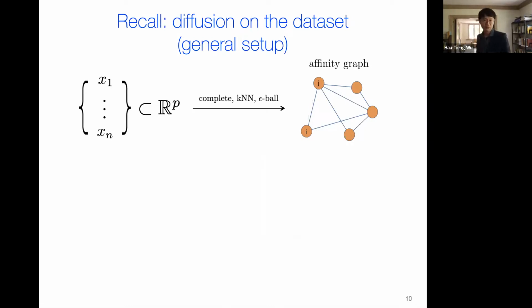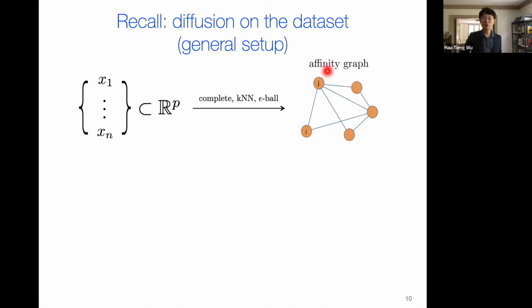So the diffusion on the database general setup is the following. You have point clouds, x1 up to xn, and you can construct a graph. How to construct a graph? There are several ways. You can construct it using a complete graph, connecting all pairs, use KNN, use epsilon ball, whatever you like. You choose one, and you build up a graph.